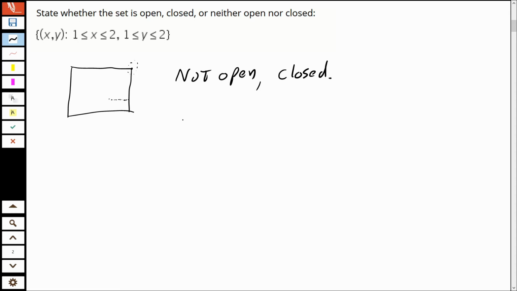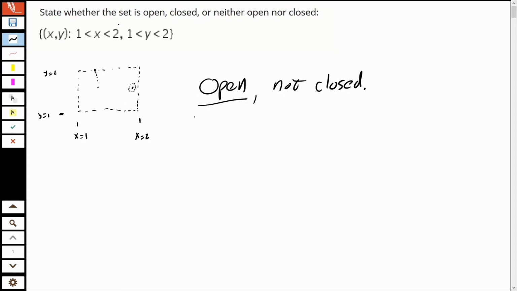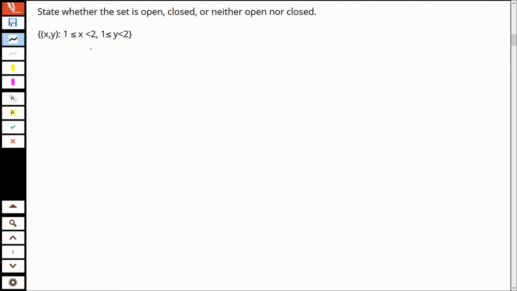All right. Next one. We have the set of all values where x is strictly bigger than 1, y is bigger than or equal to 1, but x is strictly less than 2, and y is strictly less than 2.